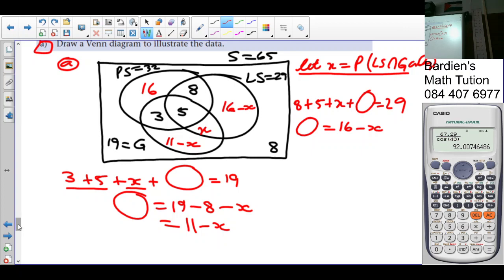So what do we know at this point? That all of these parts adds up to 65. You all agree with that? So set up the equation and then you solve for x.